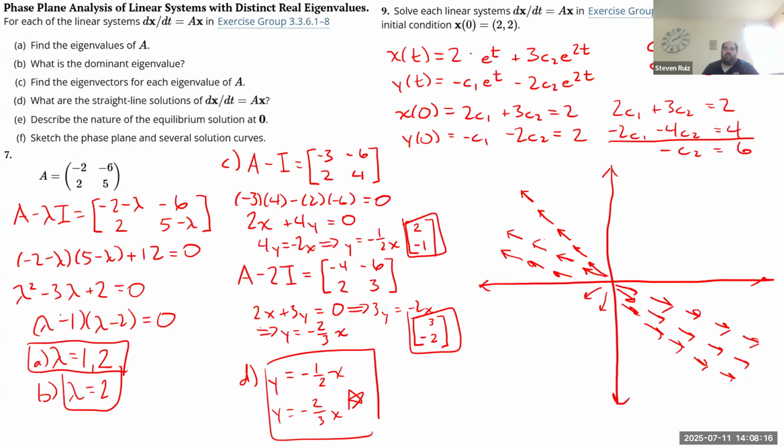So now let's fix our solution here. 20 e to the t plus 3c2, so minus 18 e to the 2t, and y is minus 10 e to the t plus 12 e to the 2t.